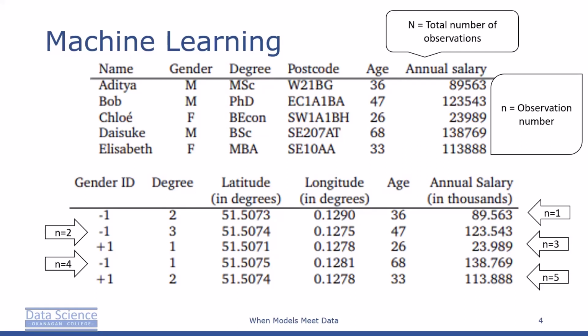Each row is a particular individual, xn, often referred to as an example or a data point in machine learning. Subscript n refers to the fact that this is the nth example out of a total of capital N examples in the dataset.